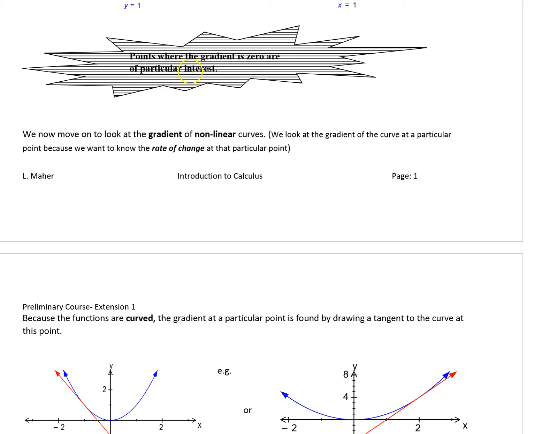You saw me illustrate on the curve above that where the gradient is zero is often of particular interest.